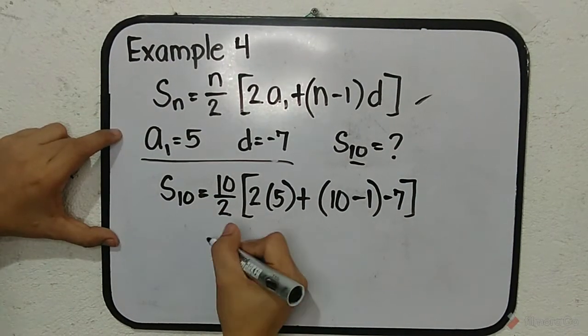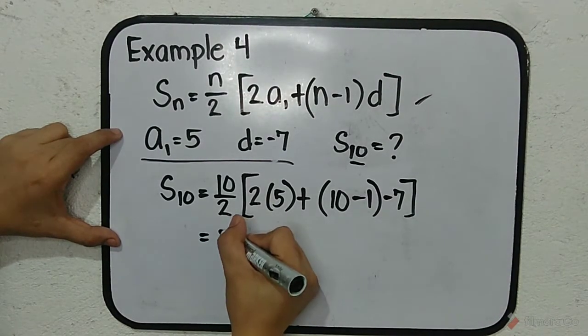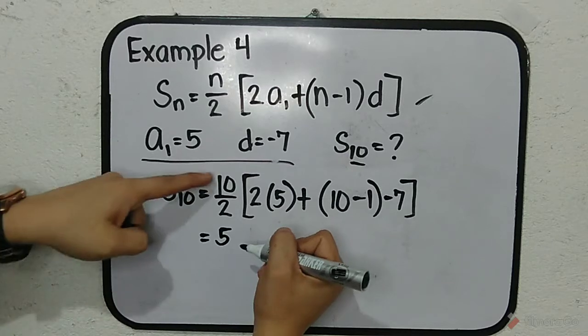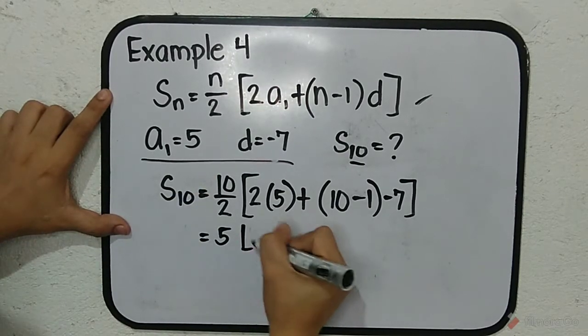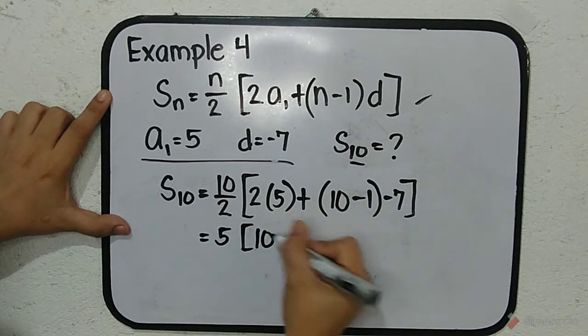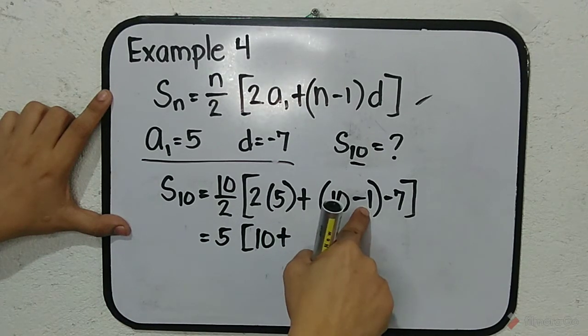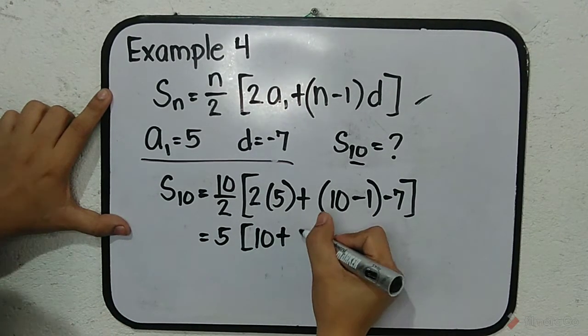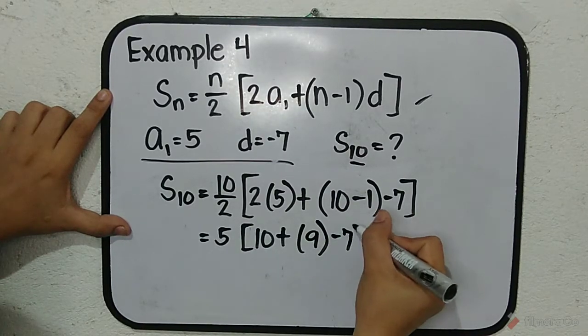N over 2 or 10 over 2 is equal to 5. Kasi 10 divided by 2 ay 5. Next, 2 times 5, 10 plus 10 minus 1, 9 times negative 7.